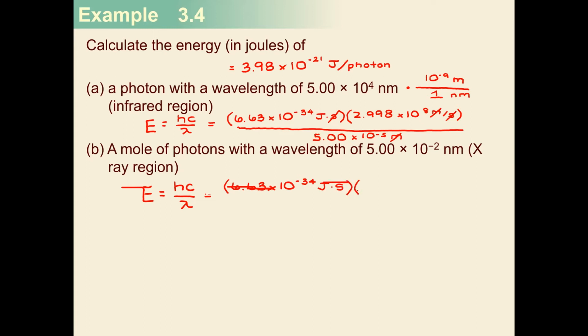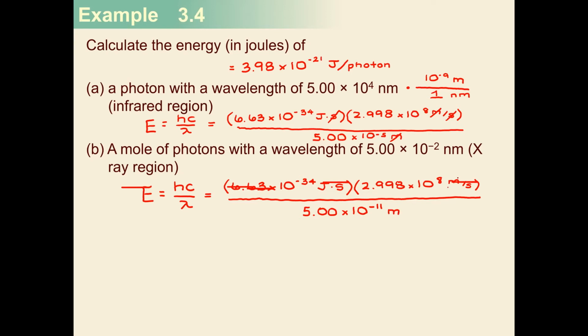We will have our constant for the speed of light. So there is 2.998 times 10 to the 8th meters per second. And finally, we are going to put in our wavelength, which would be 5.00 times 10 to the minus 11th meters.